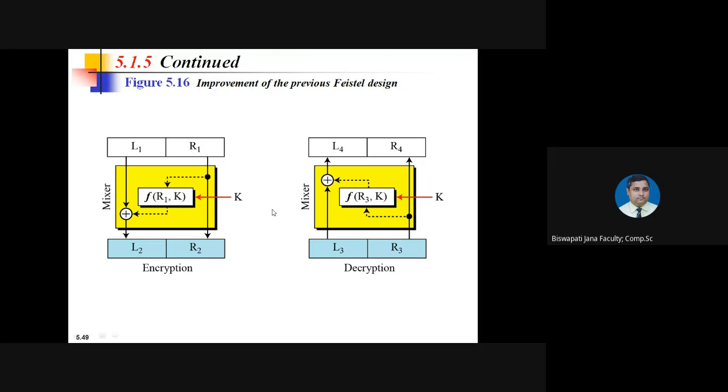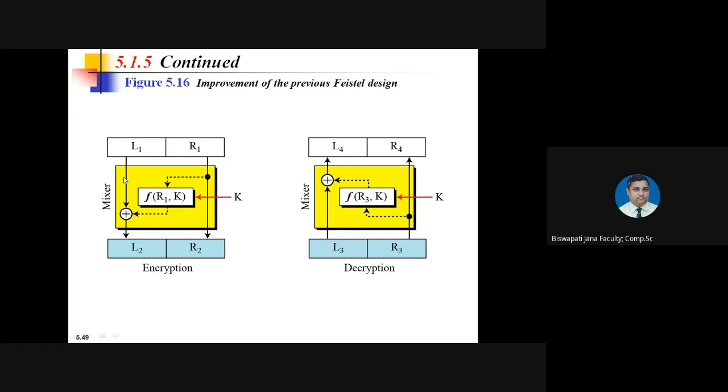Okay. So in this way, there is another one called the improved Feistel. The bits are divided into left and right parts. So suppose the bits are 8 bits, then we just divide it into 4 and 4.